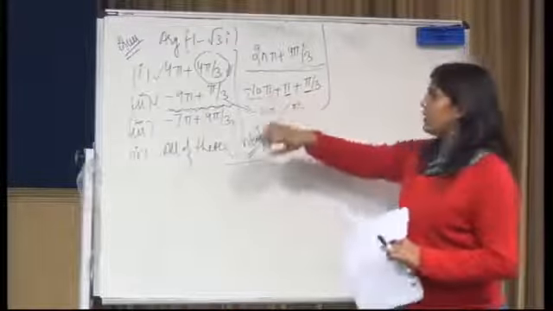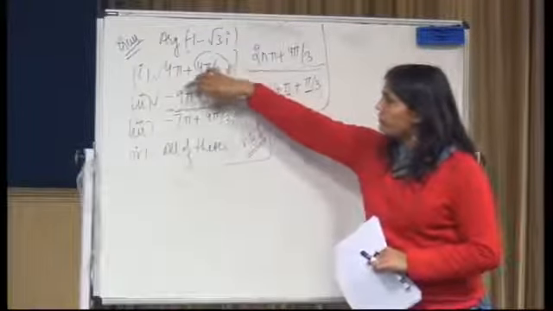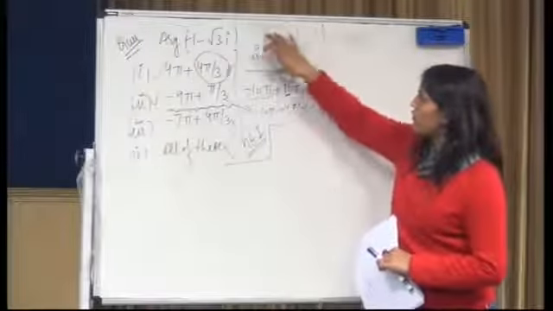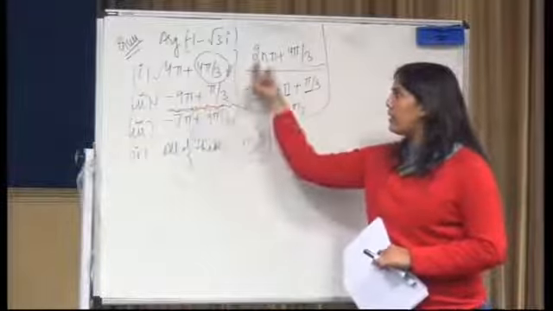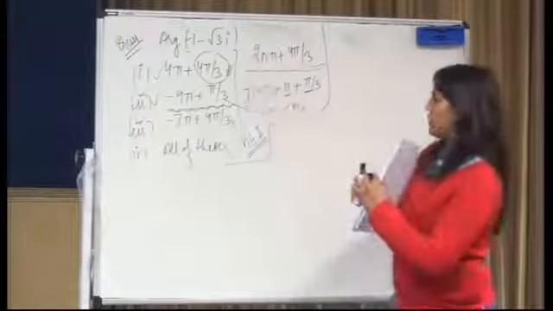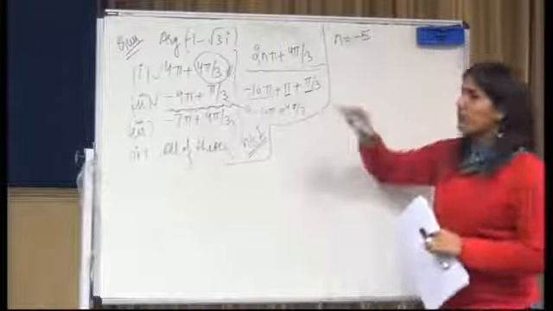So for this part, this is minus 9 pi plus pi by 3. I am just checking whether, if I substitute some value of n, I get this. I am putting n as minus 5 in this value.